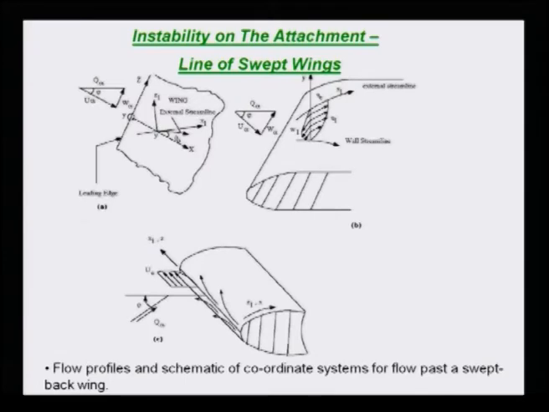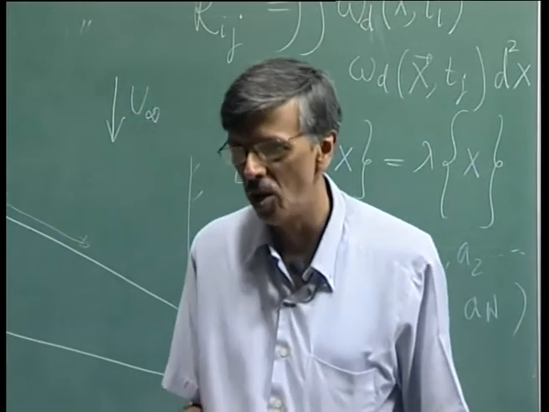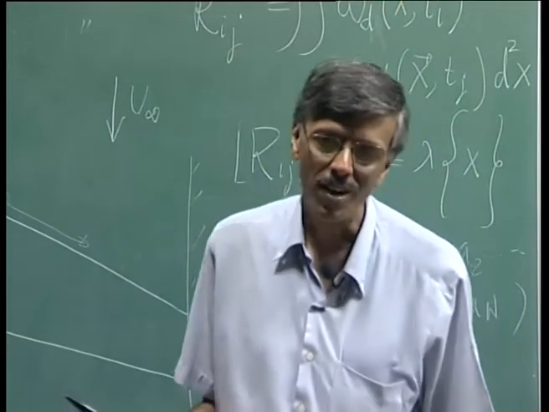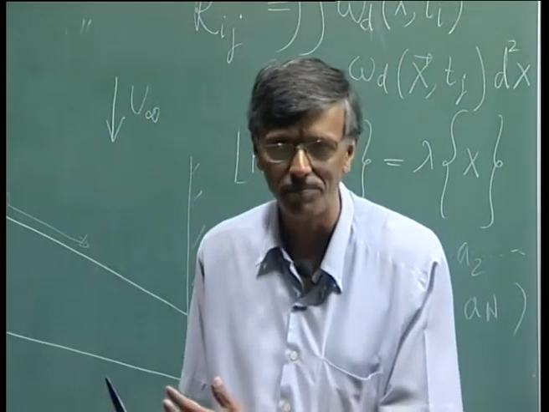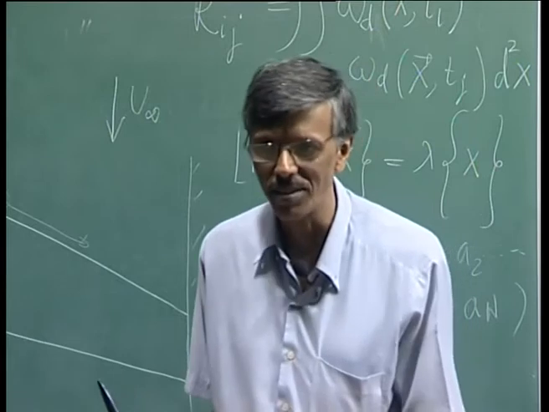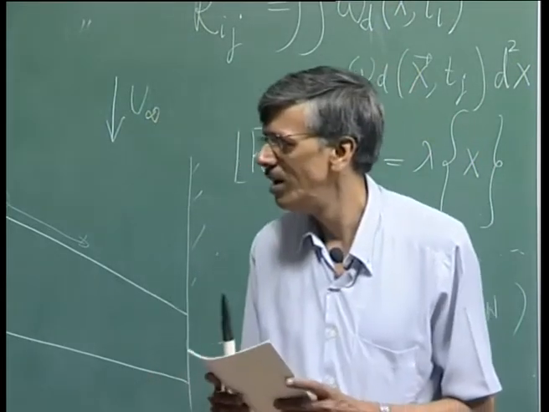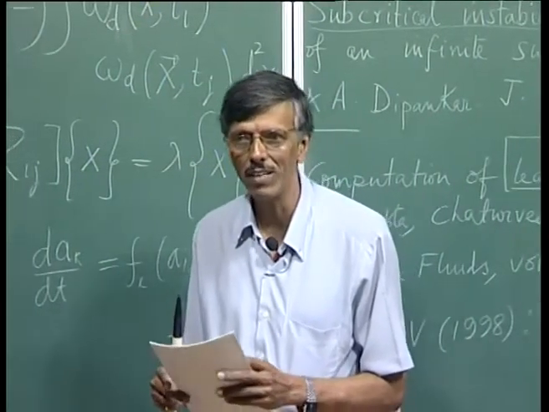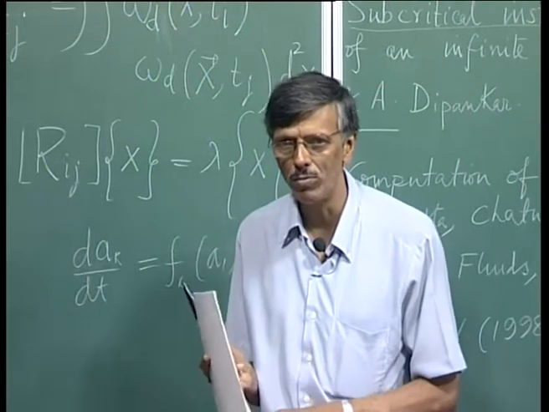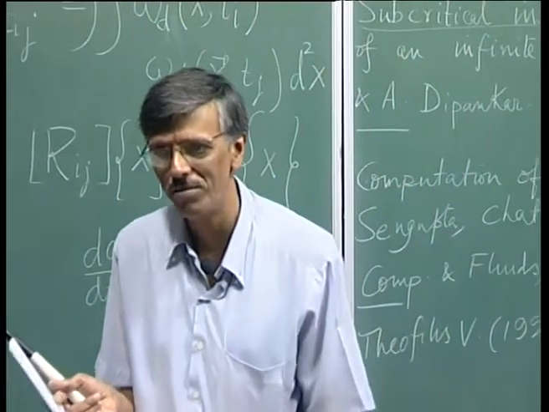I mentioned to you that there was some computational work done by Schmid's student, Obrist and Schmid. They tried to compute the flow as a vortex induced instability, but they did not succeed, for various reasons. We'll talk about that later, but I think one of the main culprits was that they considered it as a three-dimensional phenomenon.